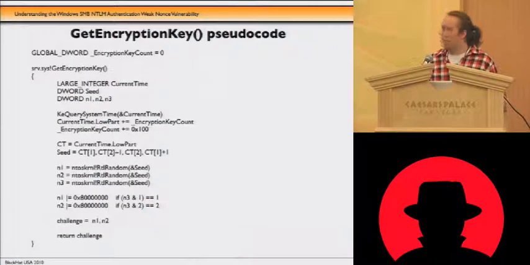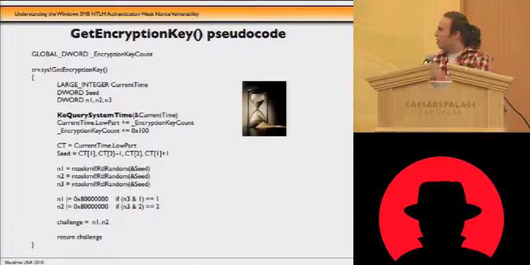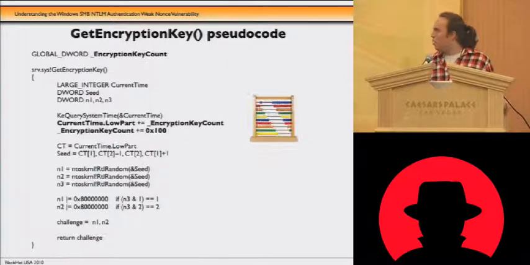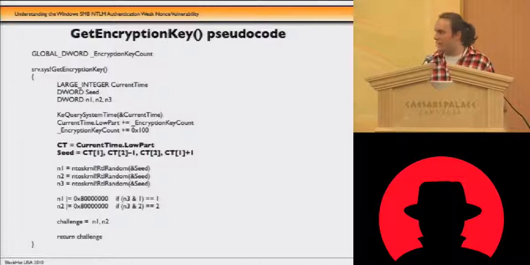So this is the GetEncryptionKey pseudocode that we arrived at after disassembling the function. The first thing we see is how it calls the query system time function. With the low part of the returned current time, we add a counter and we update that counter. And we create a seed using that formula. We only use the low part of the current time, and only the middle 16 bits, and we add and subtract a number.